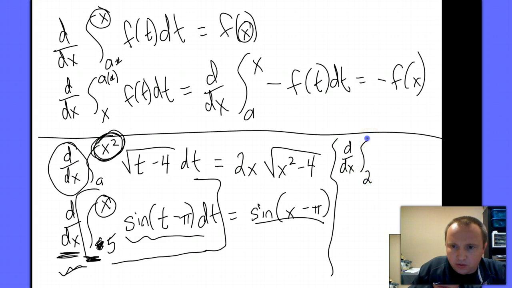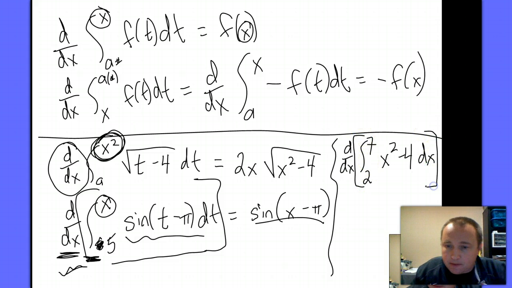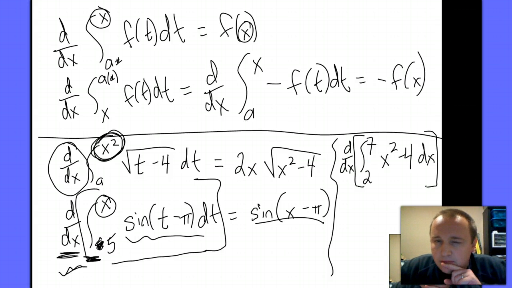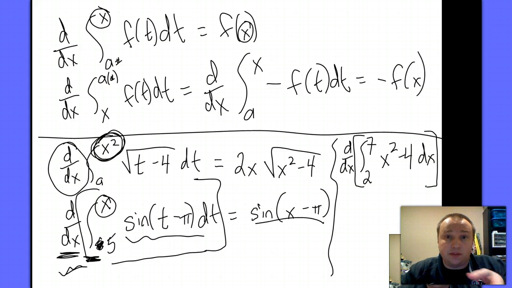Integral from 2 to 7 of x squared minus 4 dx. Well, let's think about this. If I were to take the integral from 2 to 7 of that, is it okay to say I would get a number, that I would be finding an area, and that area would have an actual number to it? Okay. So you get a number.